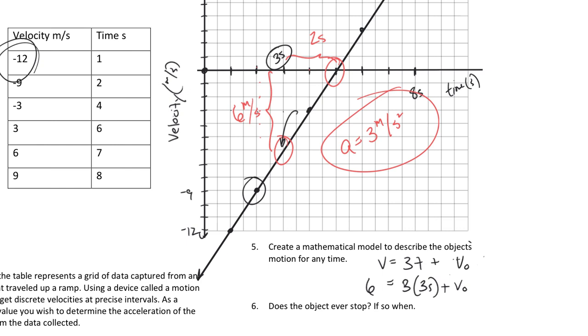Oh, I'm sorry, negative 6 meters per second. So what must the initial velocity have been? So I solve this for v naught and get negative 15 meters per second.